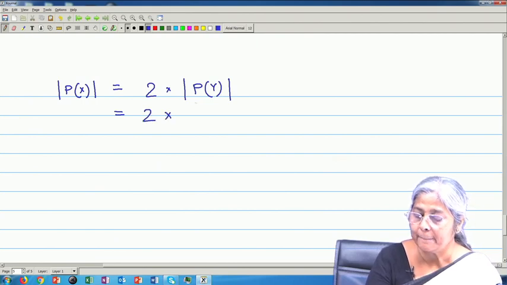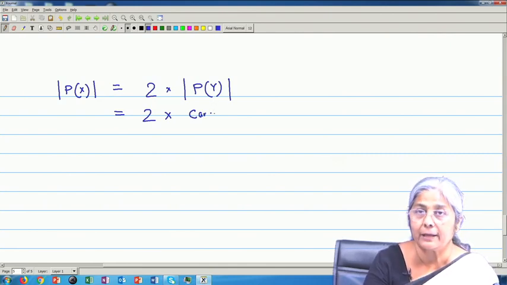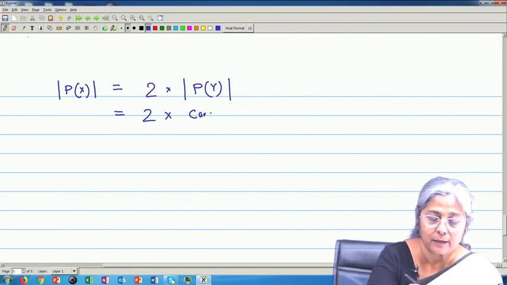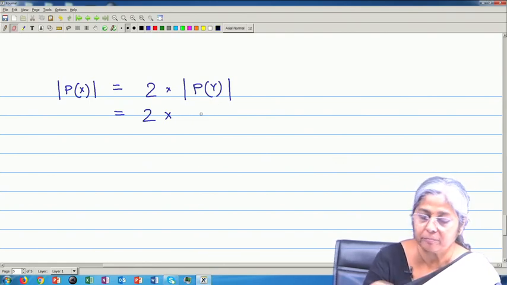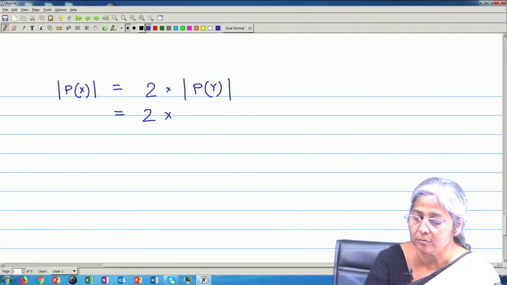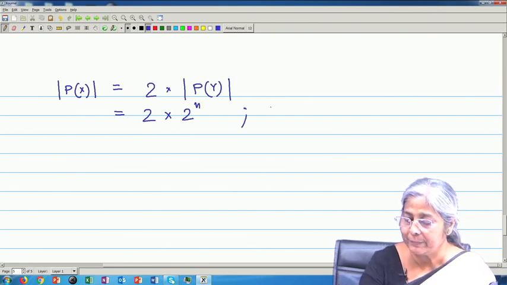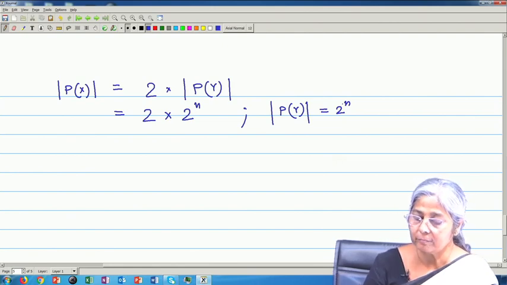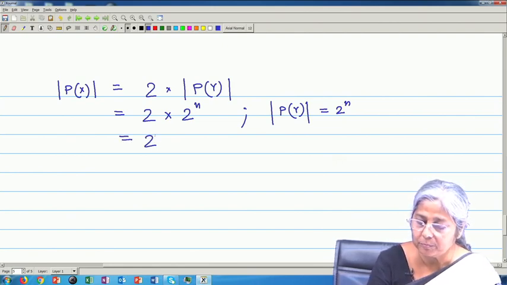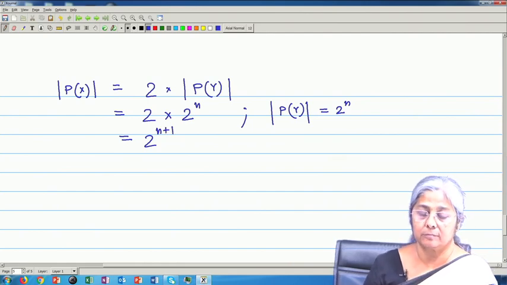The cardinality of P y is the cardinality of the power set having n elements, and according to the inductive step that we know, this is 2 to the power n, since the cardinality of P y is 2 to the power n. So, this becomes 2 to the power n plus 1.